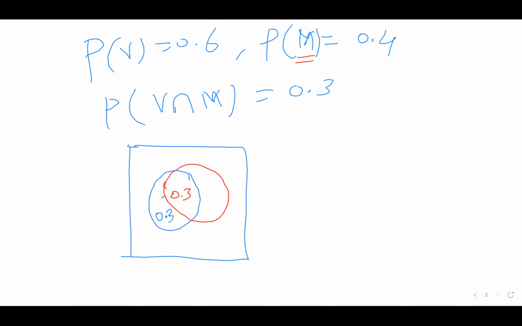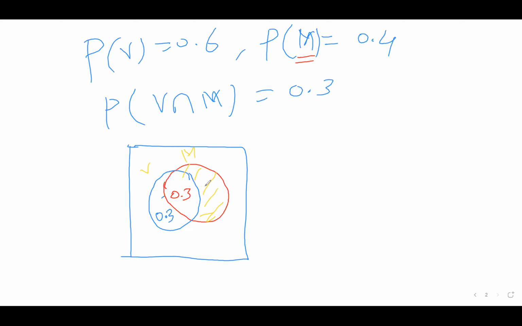So what will be the area of this region? So this is V, this is M. The intersection of V and M is 0.3. The total area for M is 0.4. So what is the area for this part?